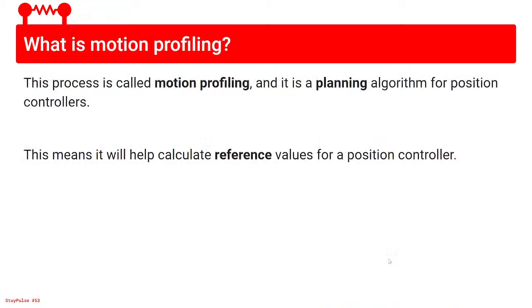This process is actually called motion profiling. It's probably been used in other contexts for path planning, or like this use case. It's probably been synonymous, but this is what motion profiling is, or this is how we think about it.